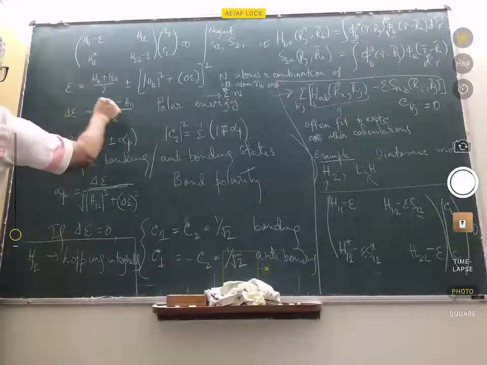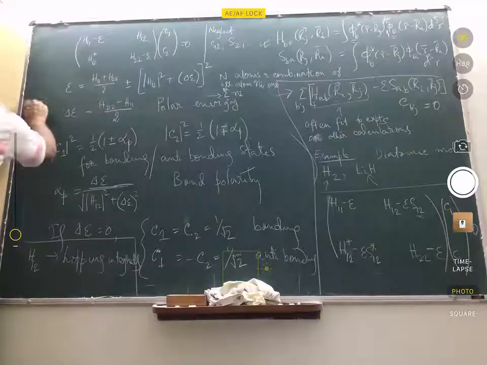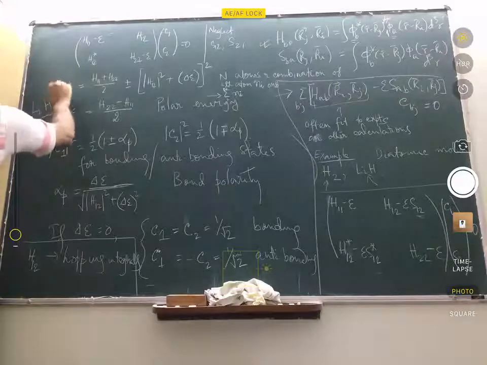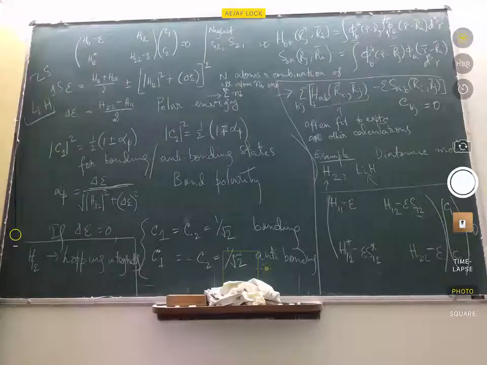So if my atoms are different, let's say if I have a molecule, something like lithium hydride, then I'll take the 1s orbital on the hydrogen atom and the 2s orbital on the lithium atom. These two are different, the atoms are different, the orbitals are different. So H11 and H22 would be different.